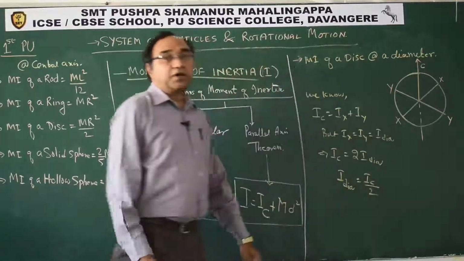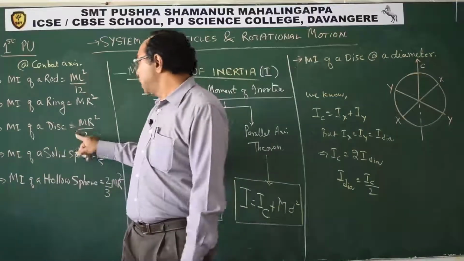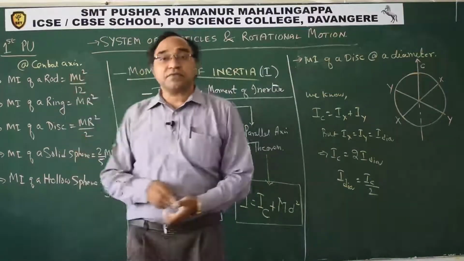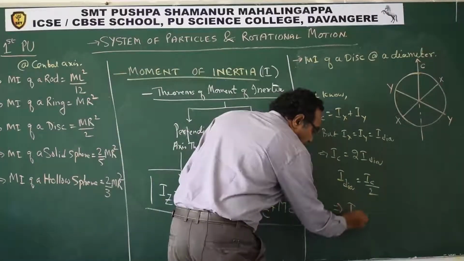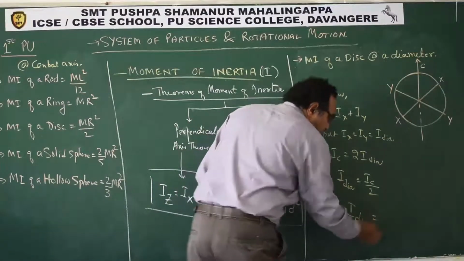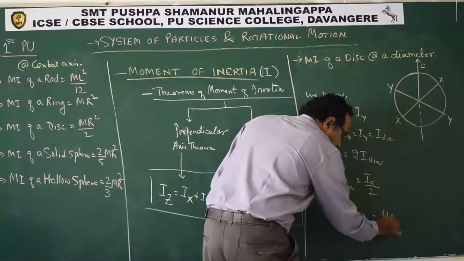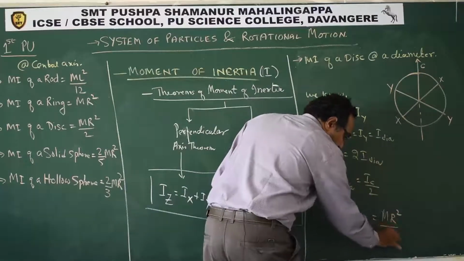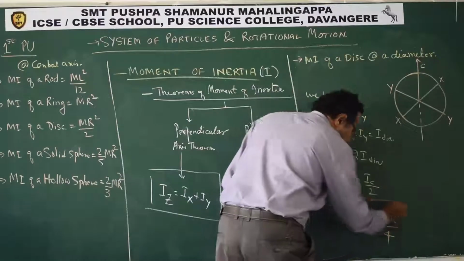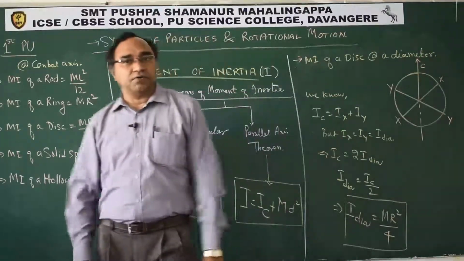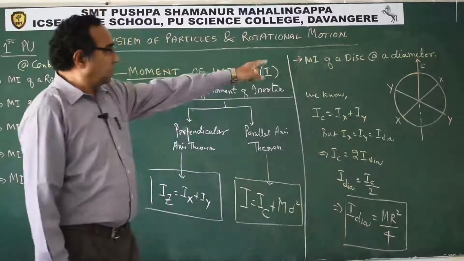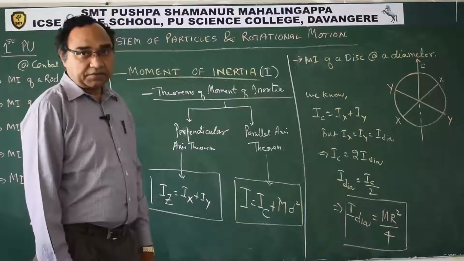Now what is the moment of inertia of a disk about the central axis? mr square by 2. So from this we can say I about a diameter will be mr square by 4. This is exactly how we can find moment of inertia of a disk about a diameter.